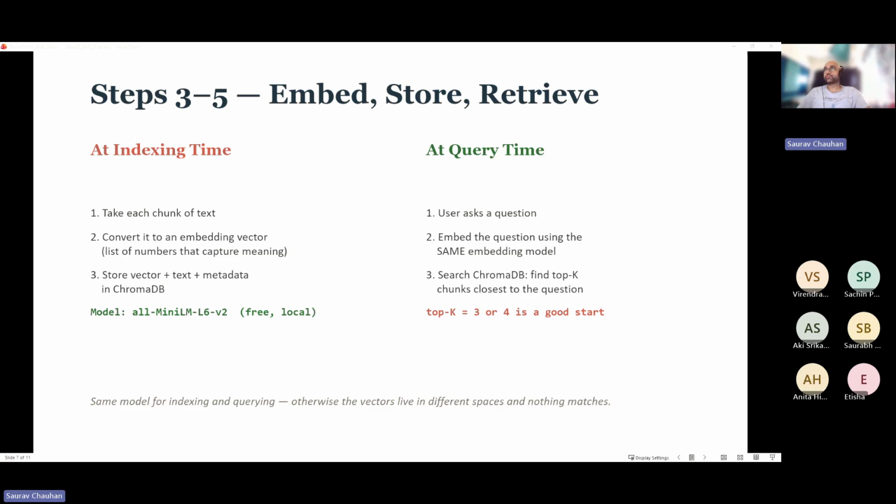All right. So once embedding is done, next is to store it. Once you have the vectors, you are going to store them in your DB, for which we use ChromaDB.